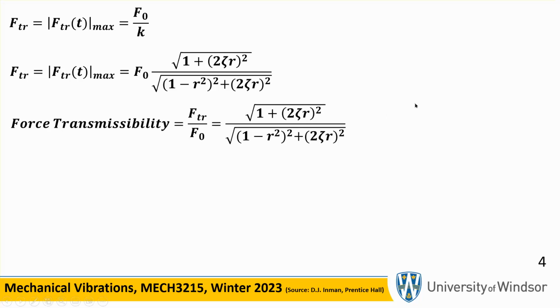This ratio, F_TR, which is the maximum transmitted force, divided by F naught, the amplitude of the harmonic force that is applied, is called force transmissibility. Very frequently, the word force is left out. They may call it transmissibility depending on the textbook, but I would like to avoid confusion and call this force transmissibility.